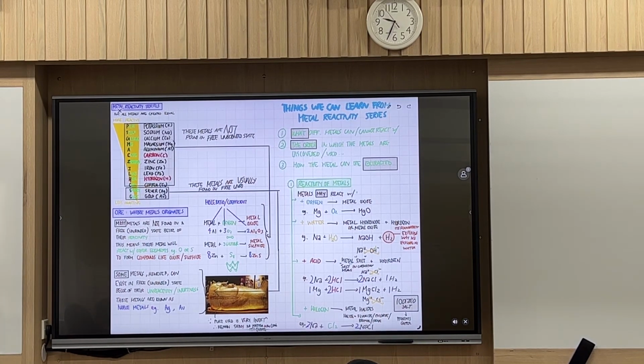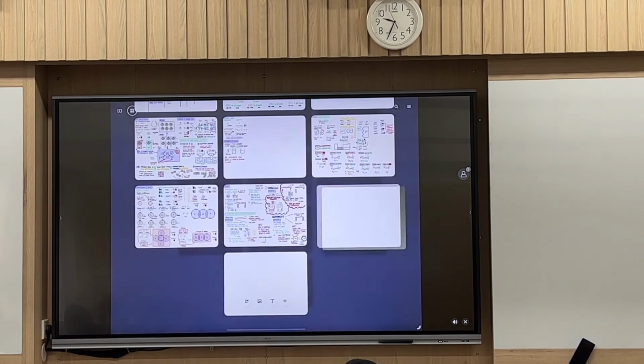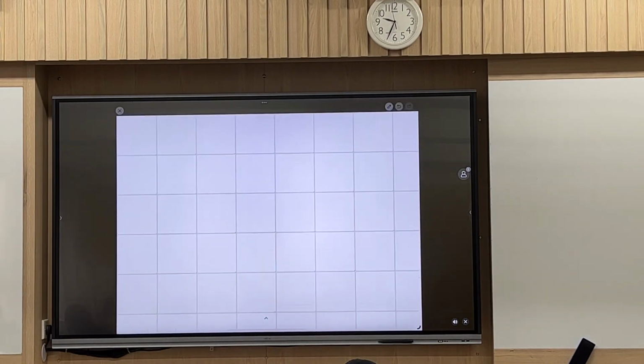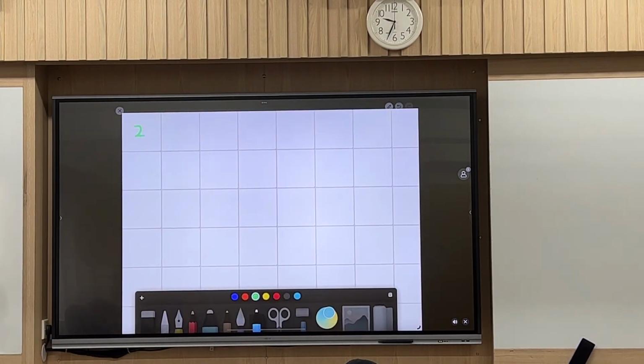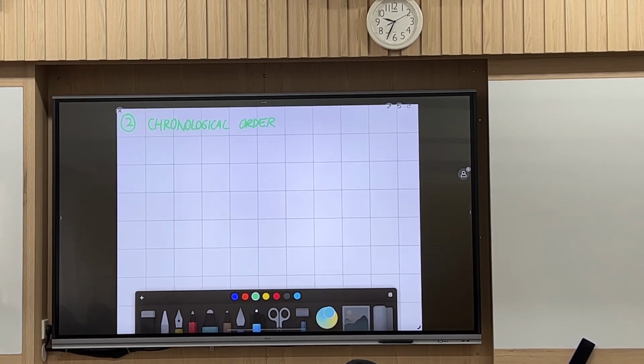So next up, we have the order in which the metals are discovered and used. Chronological order, meaning the order in time. Okay, so the order in which the metals are discovered.